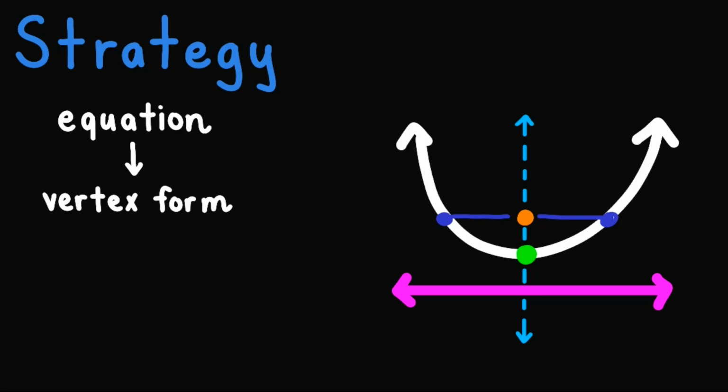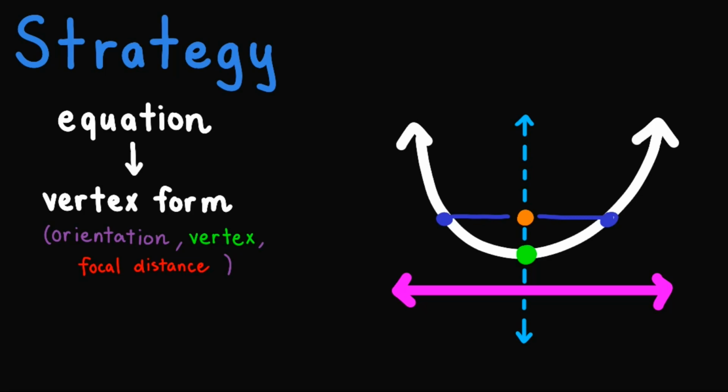Then from the vertex form, as in the last video, we can easily determine its orientation, whether it's vertical, horizontal, or upward, downward, or to the right or to the left. And given the orientation and the vertex form, we can also obtain its vertex, this point out here, as well as the focal distance or the p in the formula.